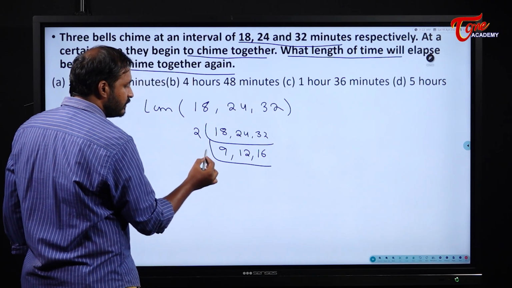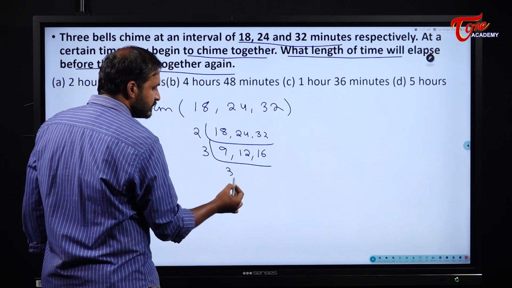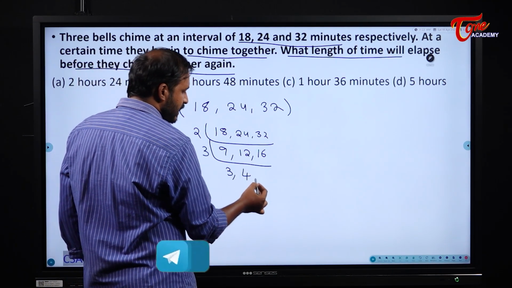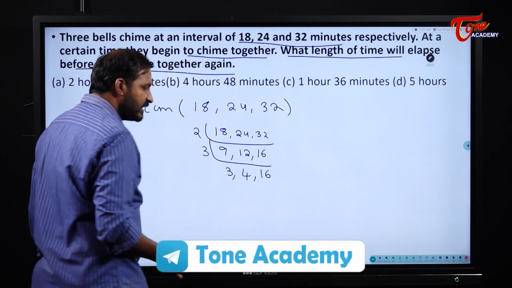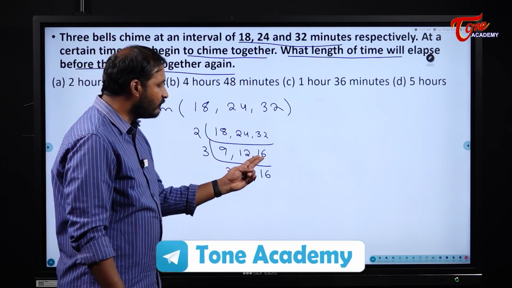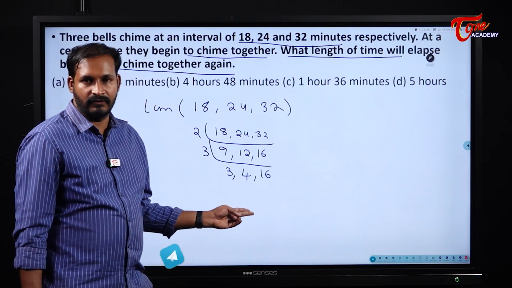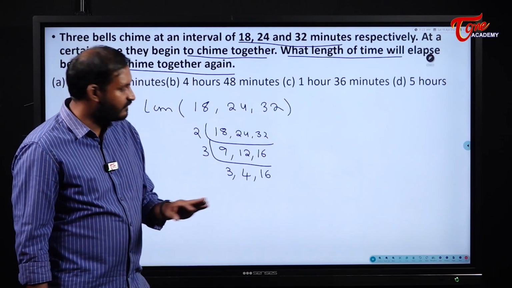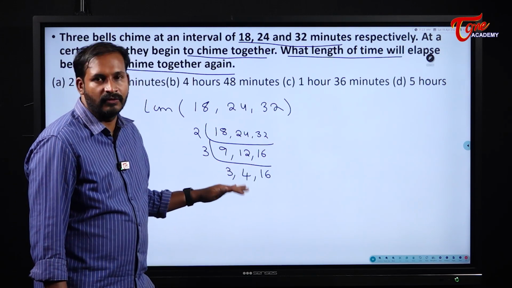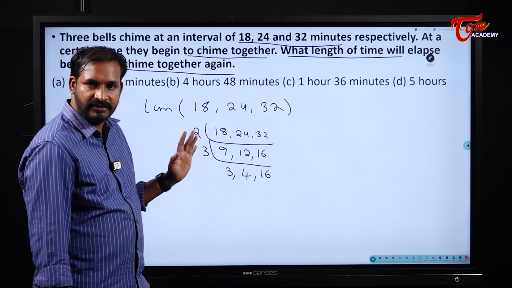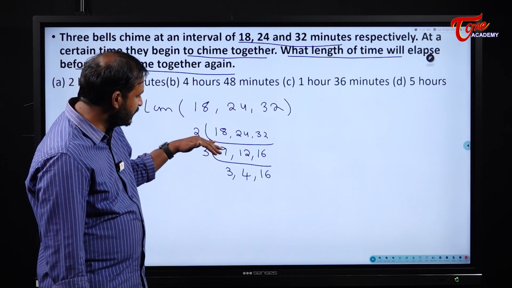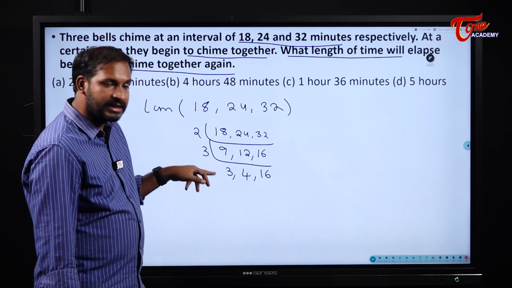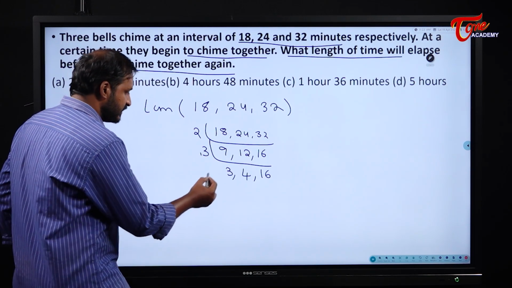Next in the 3 table: 3 3s, 3 4s and 16 as it is. See here, this is LCM, so even though one number is not divisible, I can go forward. But in the case of HCF, we cannot move forward in this case. We should leave it here itself. Understood? We cannot take this step in the case of HCF.